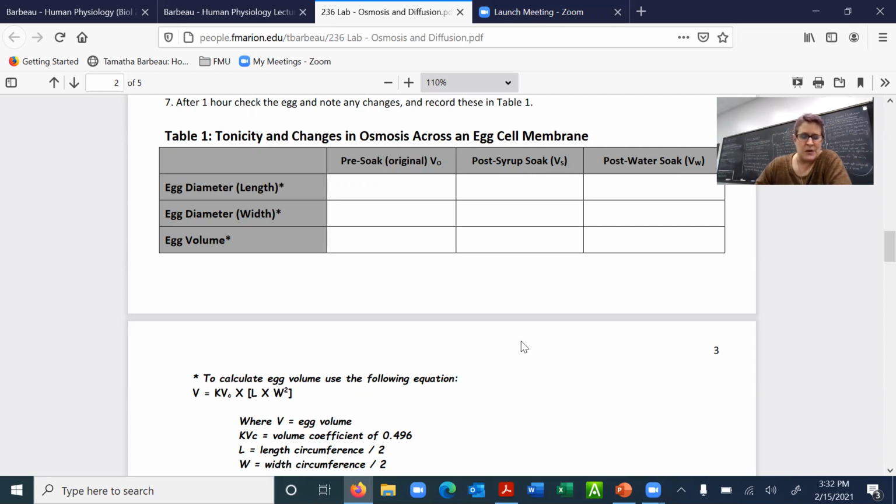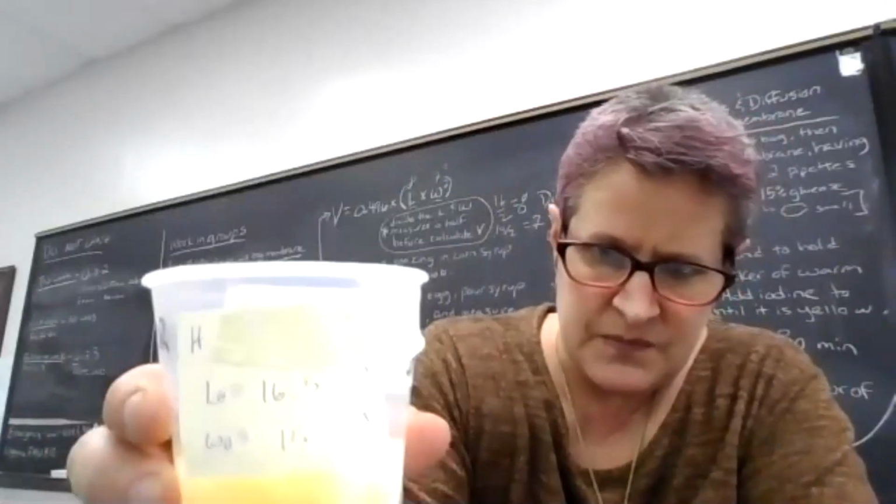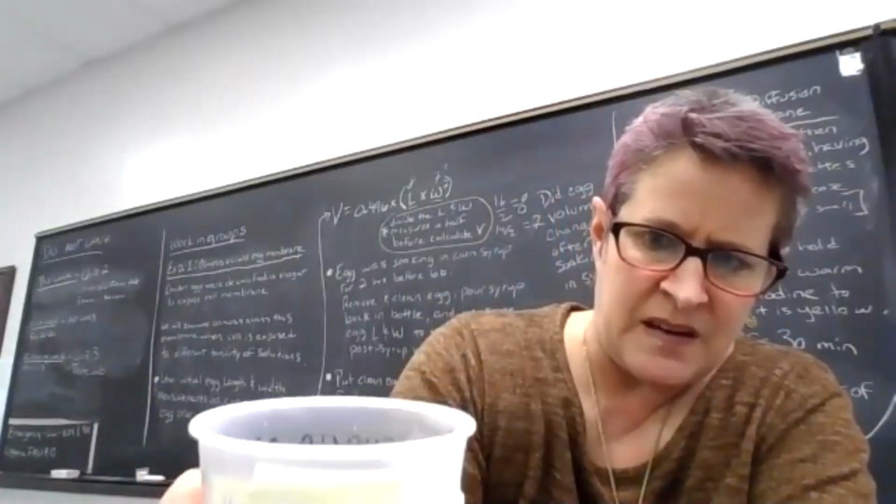When I first worked with the egg, before I put it in the corn syrup, I put it in a cup, and I'm going to make this screen go small. I don't know how well that can be read.